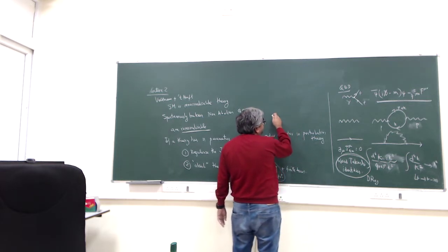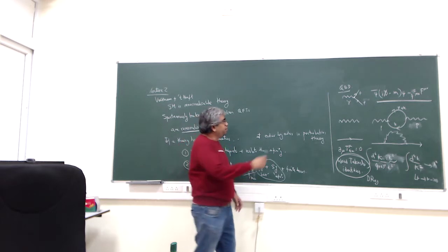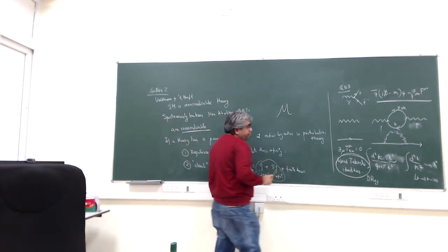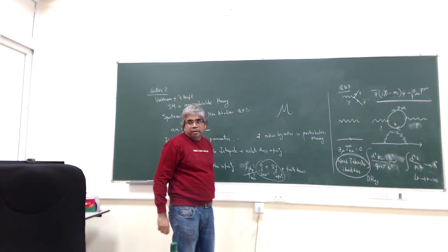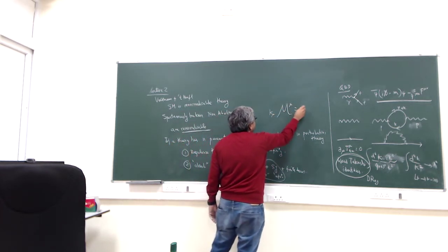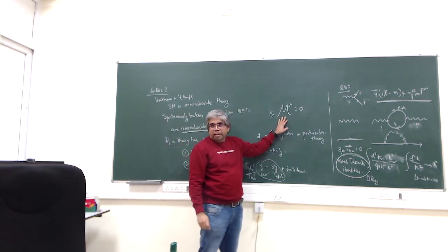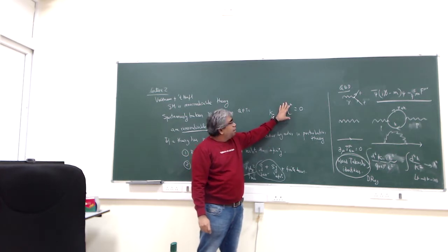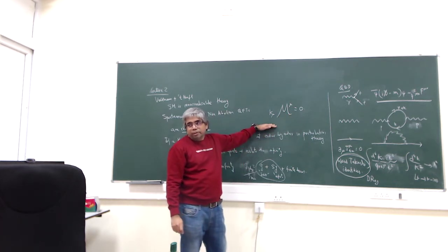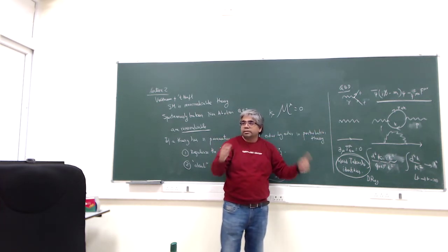If you take a given process, some amplitude M, say with some photons, they tell you that contracting the external momentum with the amplitude should vanish. So at the quantum level also, that means at the loop level and the diagrammatic level, the gauge symmetry should always be conserved.